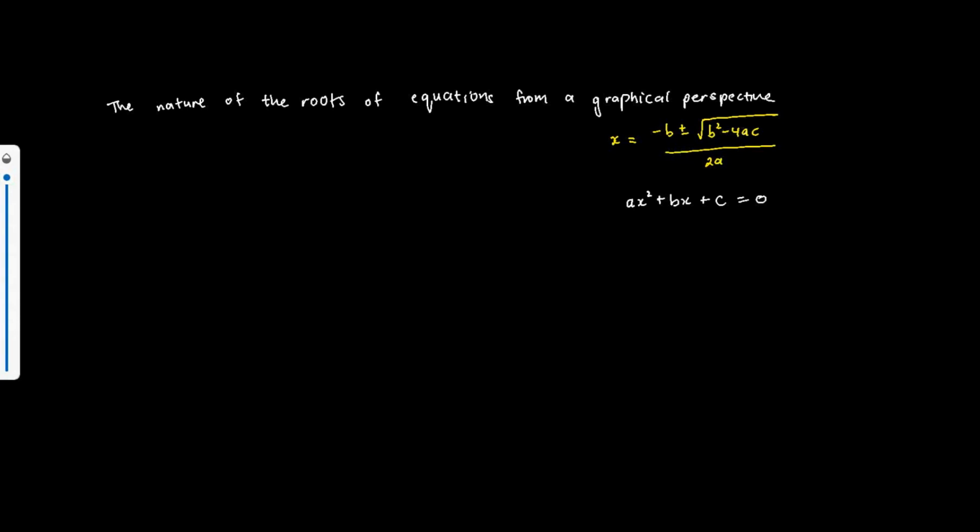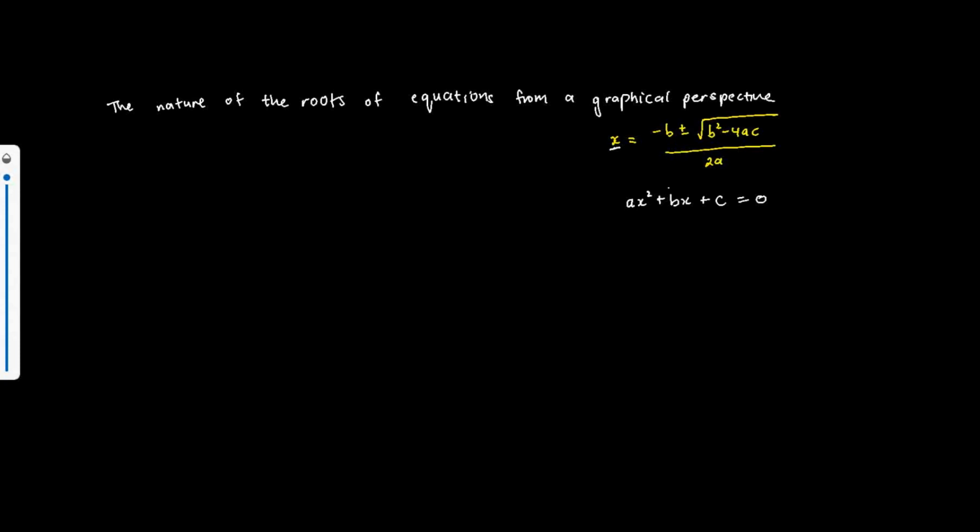But what we notice is that when we try to find the value of x, sometimes our roots, and when I talk about roots, I'm talking about the x value, the solution of this trinomial, your calculator will say that it's non-real.